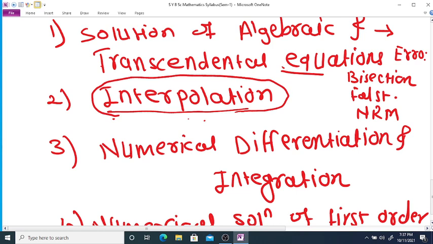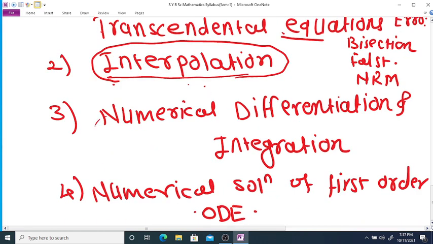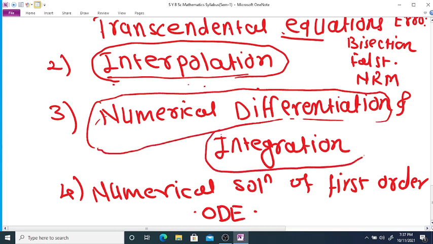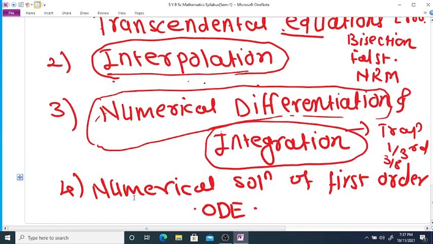Now in numerical differentiation, by using Newton forward difference formula, okay, we are going to determine the numerical differentiation. Okay, then for numerical integration we are going to apply three methods. First trapezoidal method, then Simpson 1/3, then Simpson 3/8 rules we are going to apply to evaluate the numerical integration.